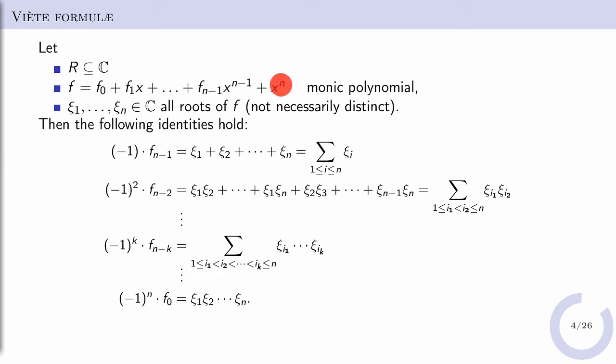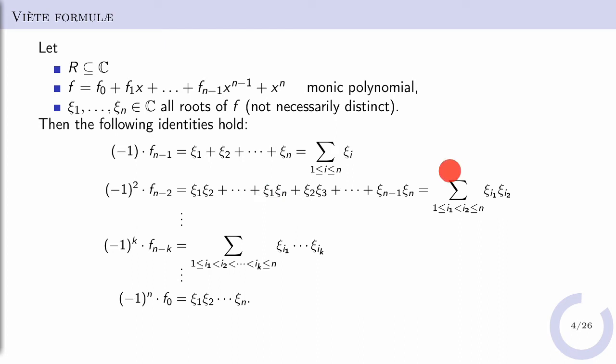If we have a monic polynomial, so the leading coefficient is 1, then the sum of all the roots of this polynomial is minus f_{n-1}, so this is minus this coefficient. Then the next coefficient, f_{n-2}, is equal to the sum of products of every two roots.